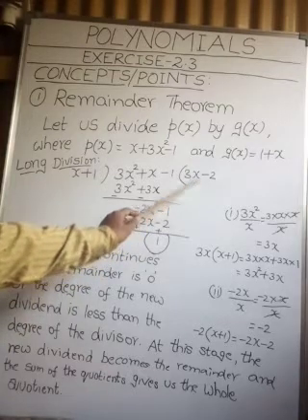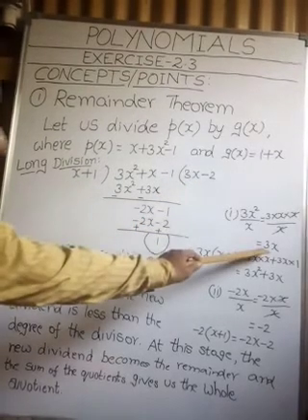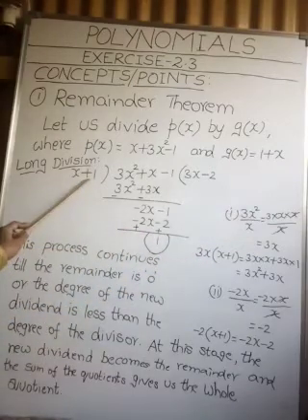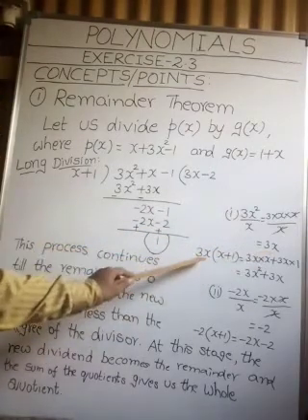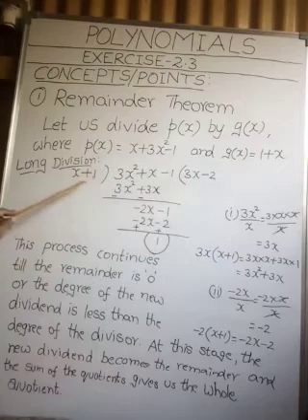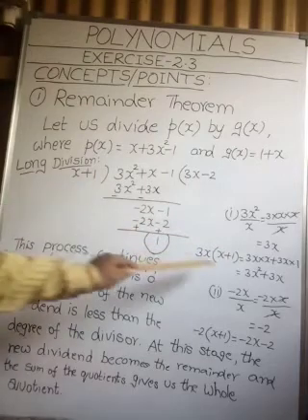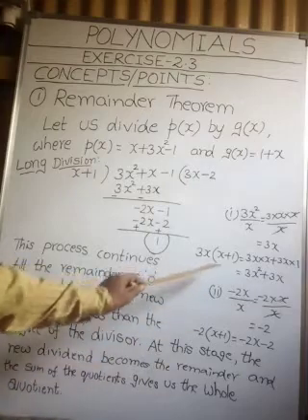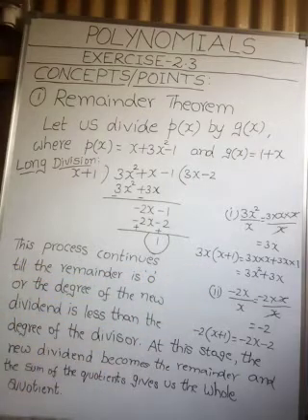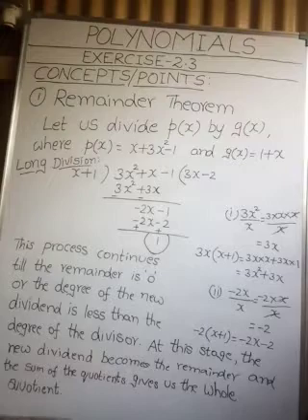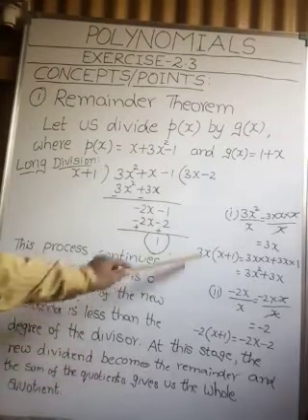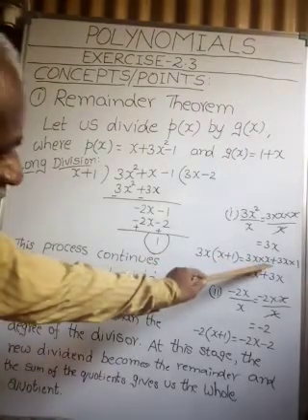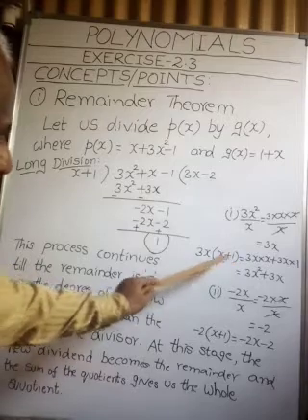After that, we have to multiply this quotient and divisor. So 3x we got here as quotient, into what is the divisor here? x + 1. So we have to multiply these two expressions by using the distributive property. Do you remember the distributive property, my dear children? So 3x into x plus 3x into 1.